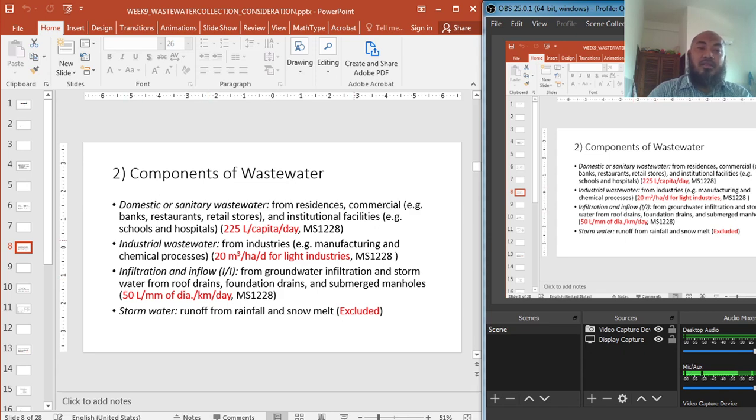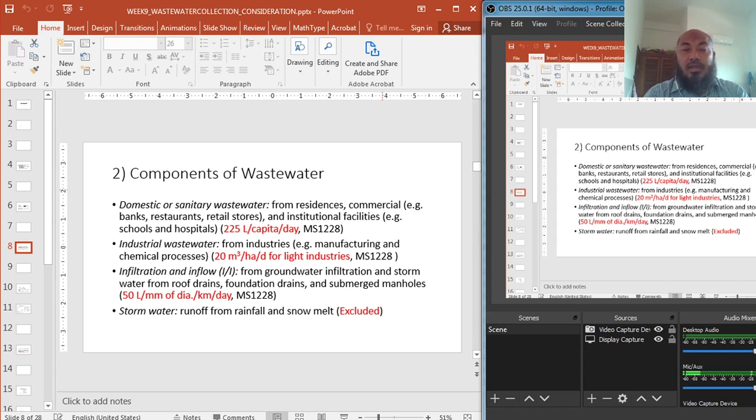Then we have industrial wastewater, usually from industry, for example manufacturing and chemical processes. The Malaysian standard says 20 cubic meter per hectare per day is allocated for light industry.